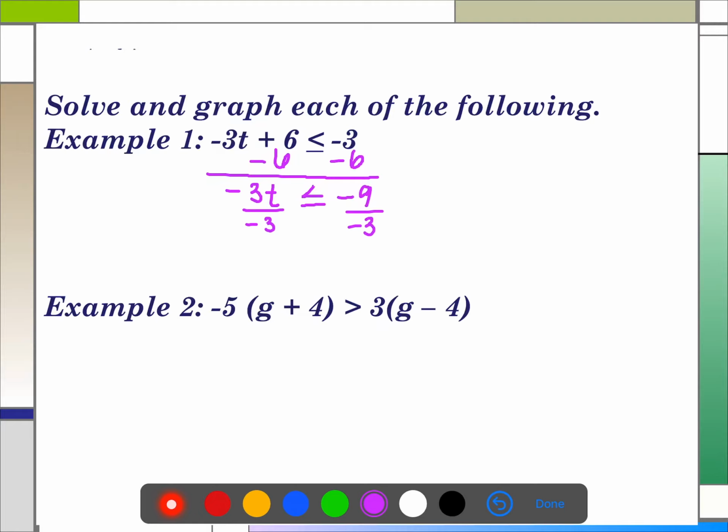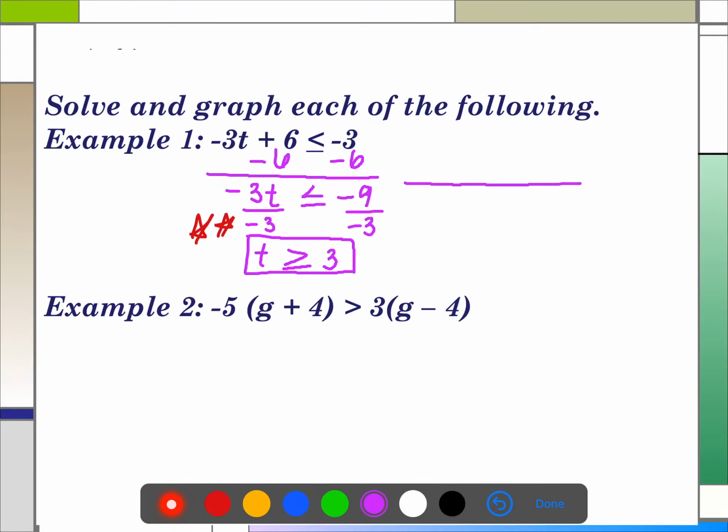Now I'm dividing to the other side of the equation. I'm dividing by a negative number. This is the rule that we just talked about, so that means I have to flip my inequality. So this turns around. That is my answer.